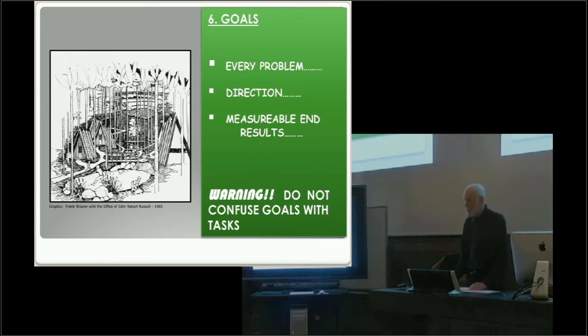The operative word here is measurable. A goal relates to change. A goal can be tested for its effectiveness by applying various statistical, social, and physical measurements. Important also to remember, don't confuse goals with tasks.